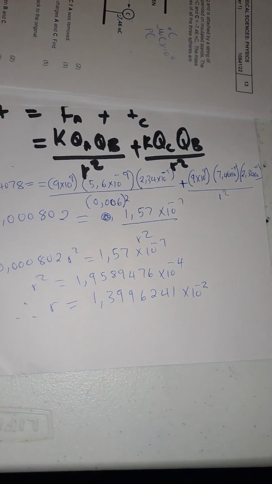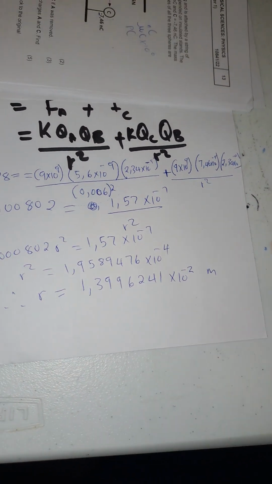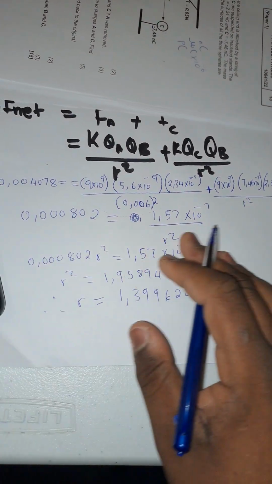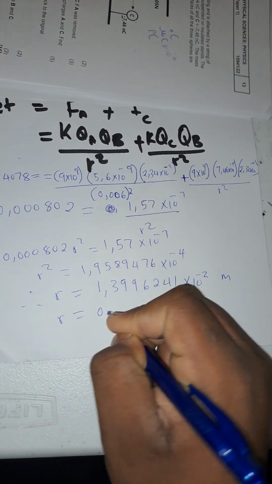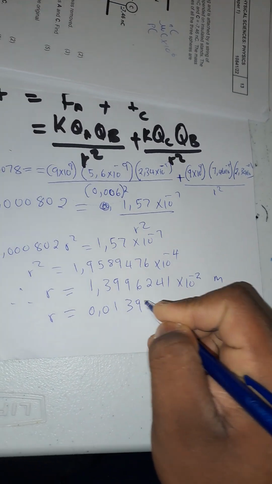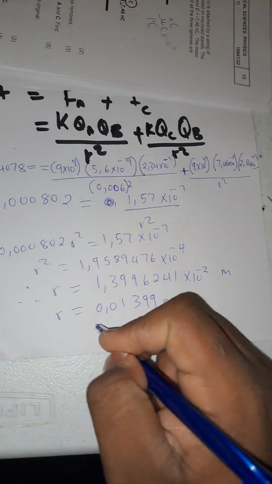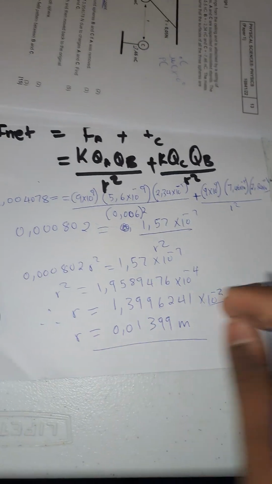So now I found my answer, right? It is in meters. But the question wrote it in millimeters. So I'm simply allowed to simplify it. My answer will be 0,013 9 milli meters there. It is just fine like that, when I simplify it.